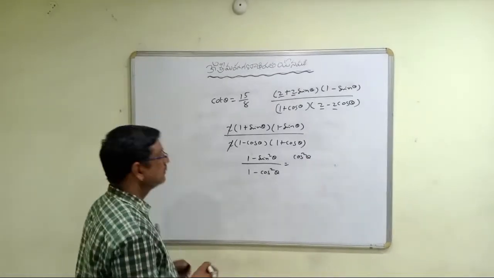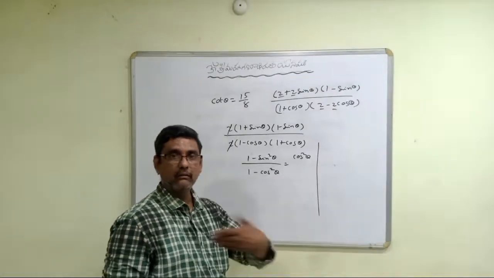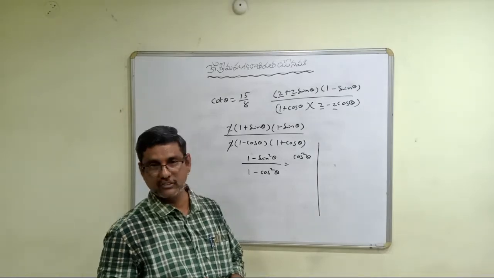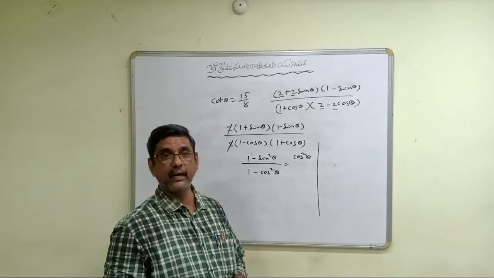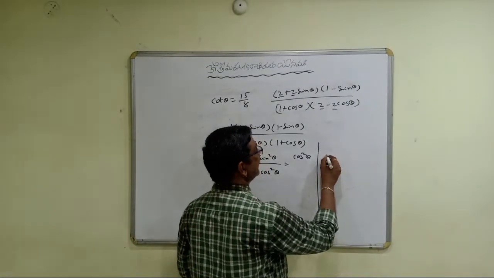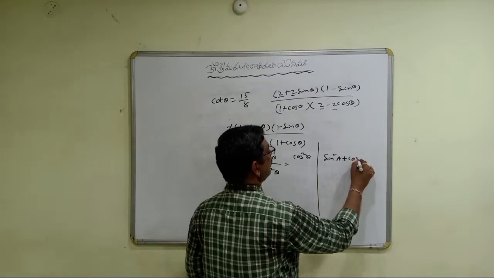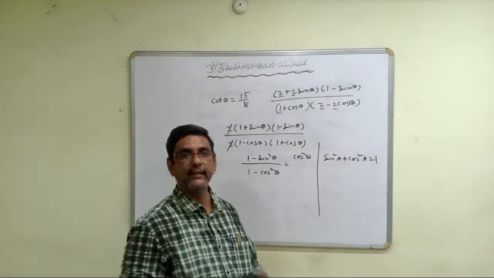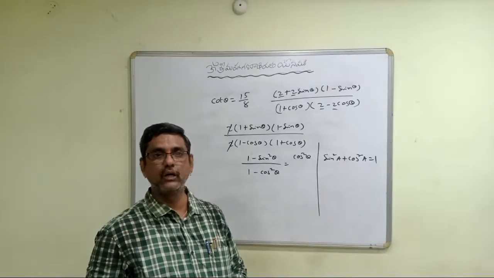Yes. The coming topic which I need to explain in the class is trigonometric identities. In that, the first identity is sin square a plus cos square a is equal to 1.